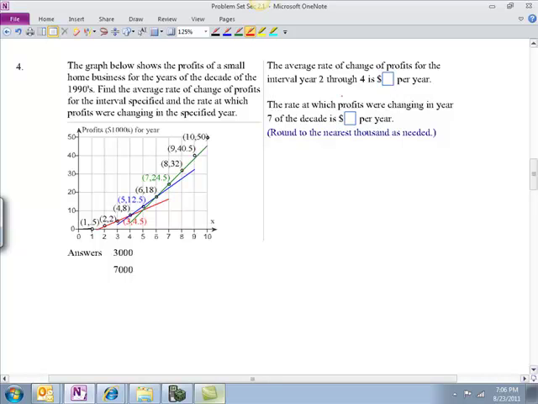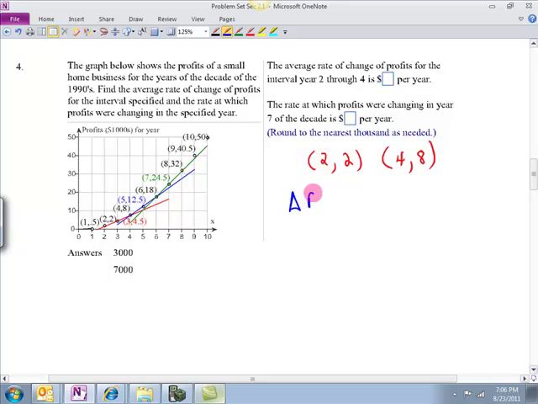Well, do we need calculus for that? We're talking about this point and this point. Do we have some x values and some y values? Okay, so from 2, what's the y value for 2? 2. And then for 4, 8. So we can find the average rate of change between those.